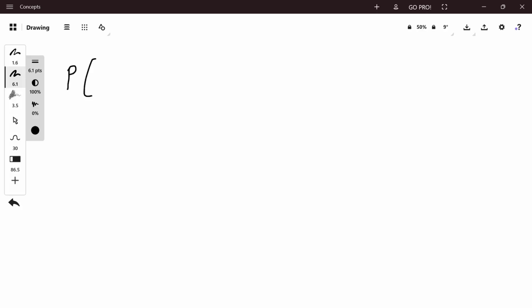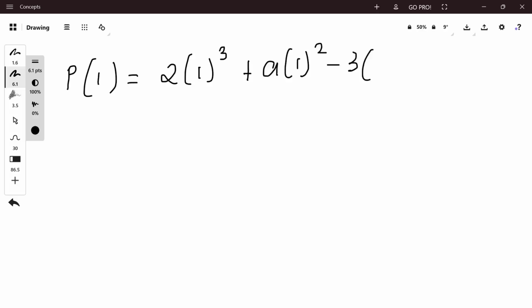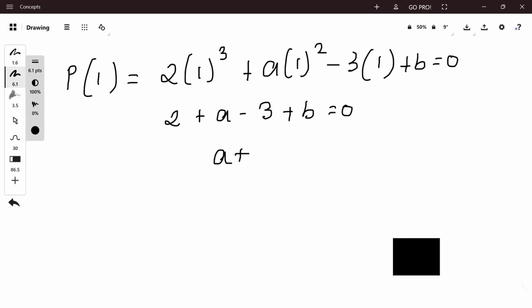That is p(1) is equal to 2(1) cube plus a(1) square minus 3(1) plus b is equal to 0. That gives 2 plus a minus 3 plus b is equal to 0. That is a plus b is equal to 1.